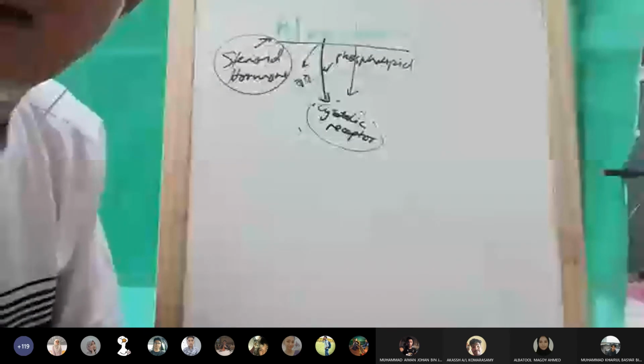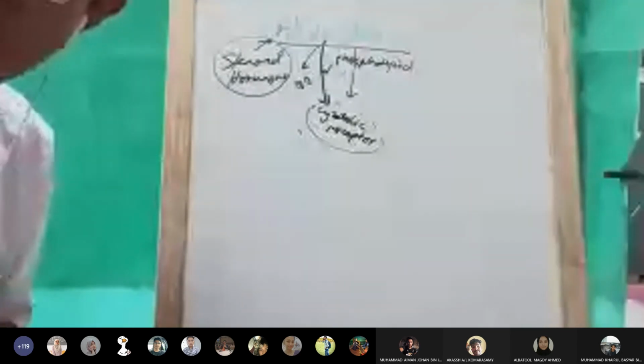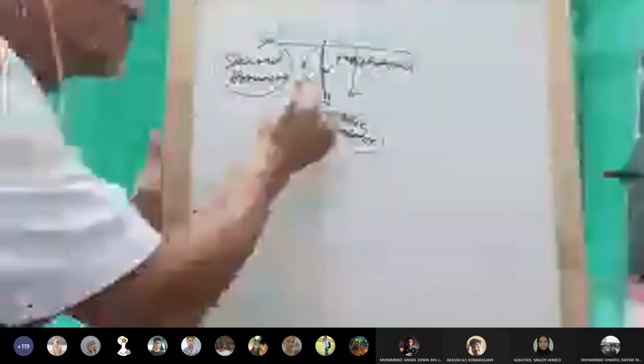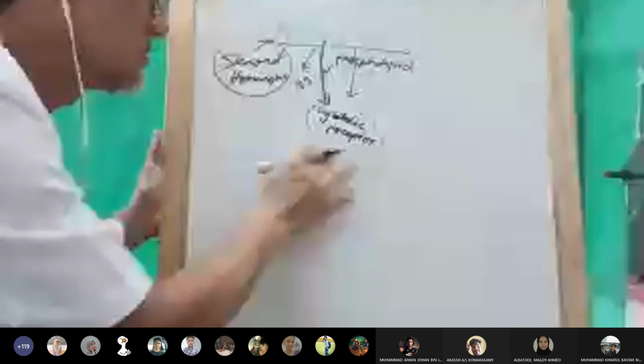Is that understood? Yes, doctor. So that's why for steroid hormones, most of the receptors are found inside the cytosol, because the hormones can diffuse through.